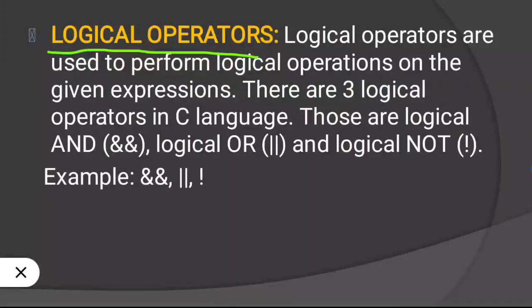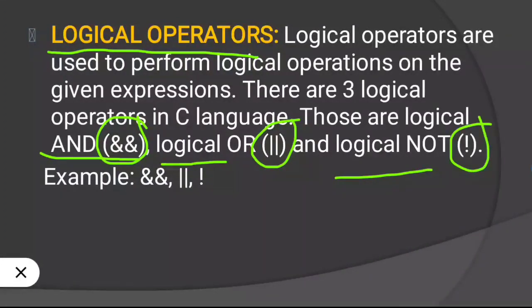There are three types of logical operator present in C language. Those are logical AND, symbol is double AND, logical OR, symbol is two pipeline, logical NOT, symbol is exclamatory sign. These three we use as a logical operator, AND, OR, NOT.